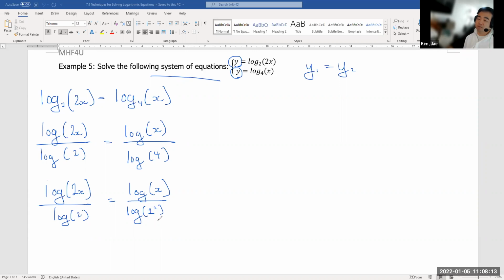Let's assume you do. And knowing that if you have an exponent inside a log, I could drop it right down. This is log of 2x over log of 2 equals log of x over 2 log of 2.